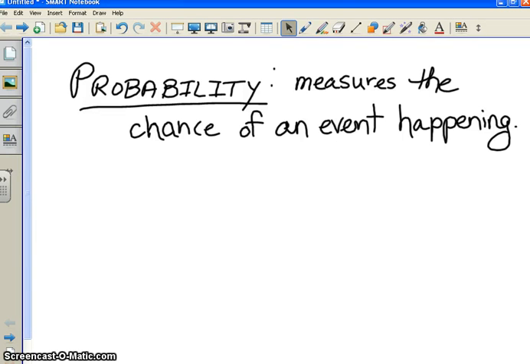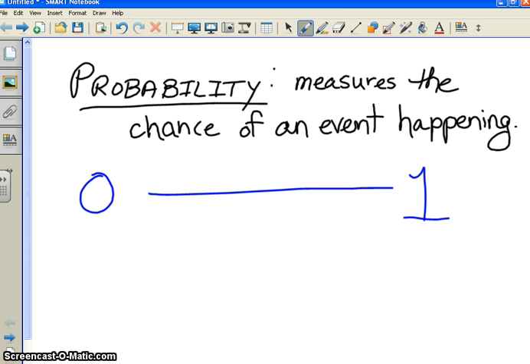Our last unit of the year is going to deal with probability, which is the branch of math that measures the chance of something happening or an event happening. Probability can be expressed either as a fraction, a decimal, or a percent, somewhere between 0 and 1.